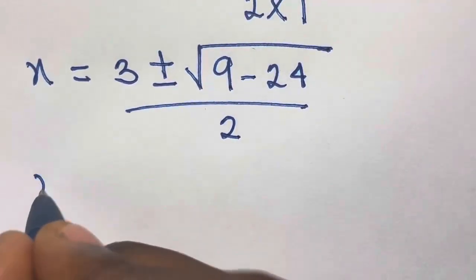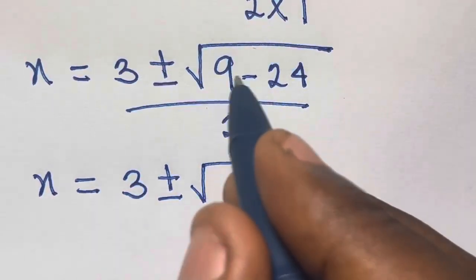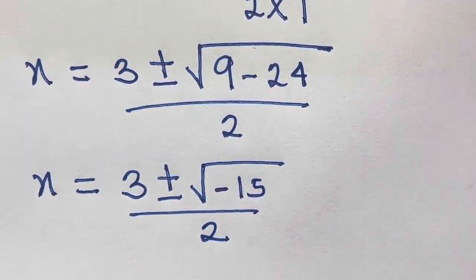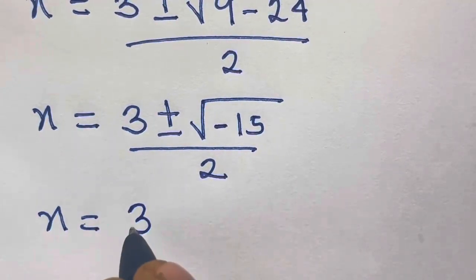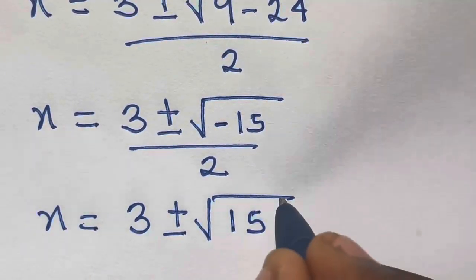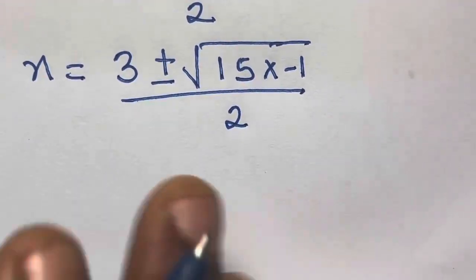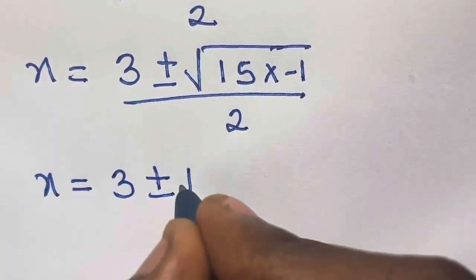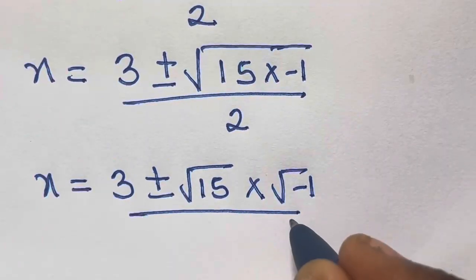So we have x to be 3 plus or minus square root of 9 minus 24 will give us minus 15, divided by 2. So here we have x equals 3 plus or minus. Here we can express this as square root of 15 times minus 1, divided by 2. So we have x equals 3 plus or minus square root of 15 times square root of minus 1, divided by 2.